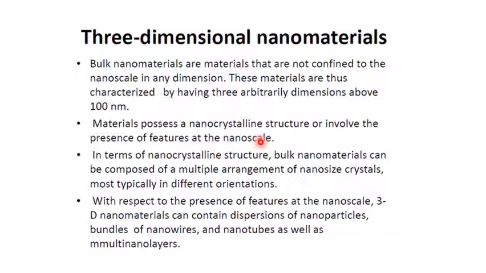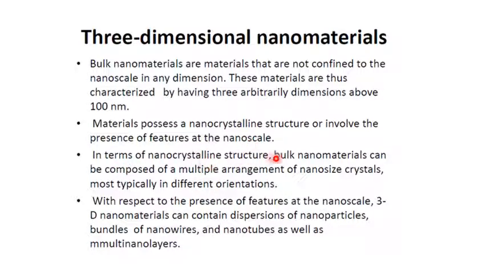So the material as a whole is three-dimensional, but there are nanoparticles inside the three-dimensional material. So that material is called three-dimensional nanomaterial. There are some features at the nanoscale inside this three-dimensional nanomaterial.